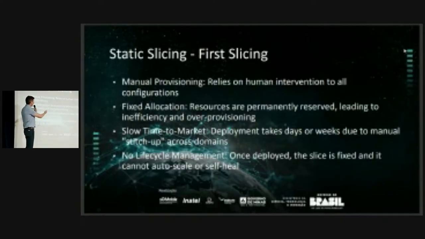For example, the deployment takes 1 day or 1 week to configure one slice completely, depending on the configuration, for example, bare metal configuration or virtual configurations. And in fact, there is no life cycle management. We define one configuration and do not change it until the configuration finishes.